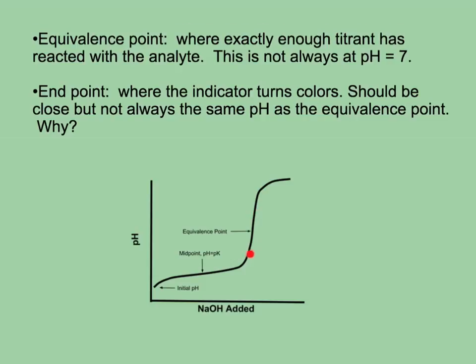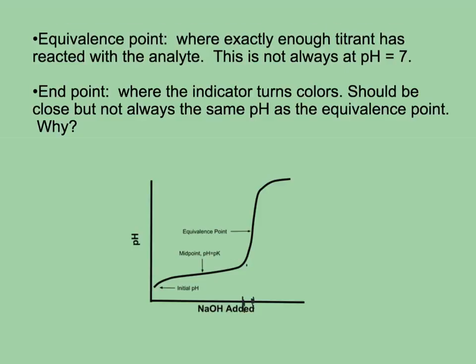The reason is, if you look at this curve, there's a very, very dramatic change in pH with very little change in the base. If you look right here at this point to this point in the graph, almost a negligible amount of base will turn it, let's say, from a pH of 3 to a pH of like 10.